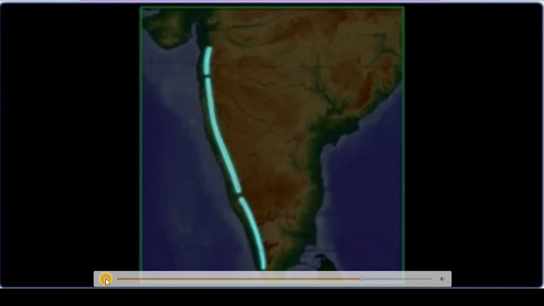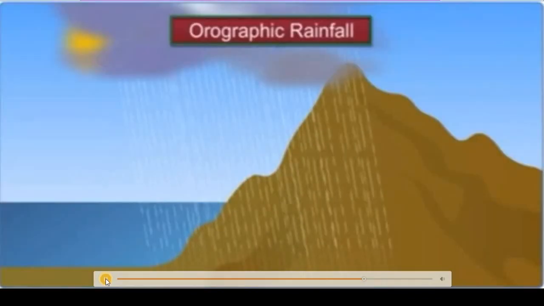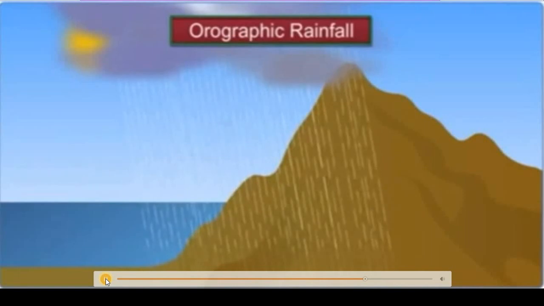The Western Ghats receives orographic rainfall. What is orographic rainfall? We must understand here. Here you can see this is the windward direction, means wind is coming from this direction. As you know, when wind comes close to the mountain, it starts rising up, and the wind starts cooling down.